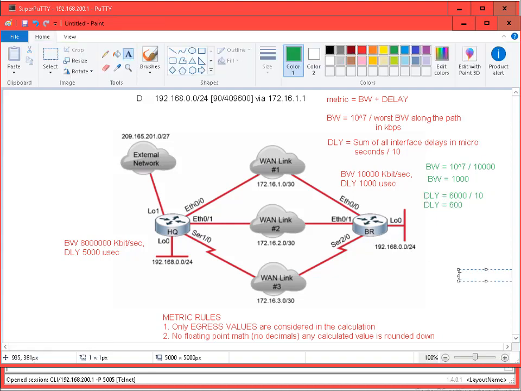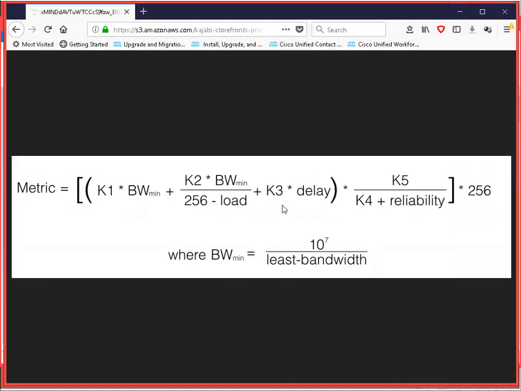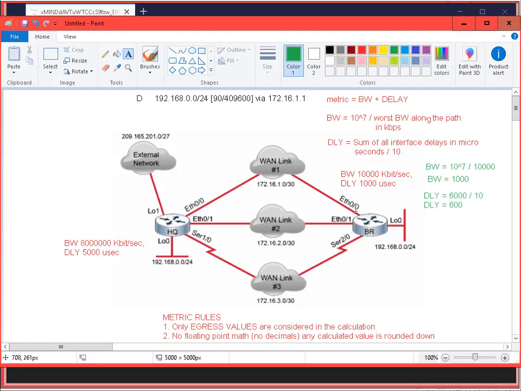We got 6,000 by simply adding up the delays, the sum of all the interface delays along the path, and dividing by 10, because in the formula it's in tens of microseconds. They didn't show you that here, which is kind of a big deal. You need to know how delay is actually calculated, and that's how it's calculated in this case.